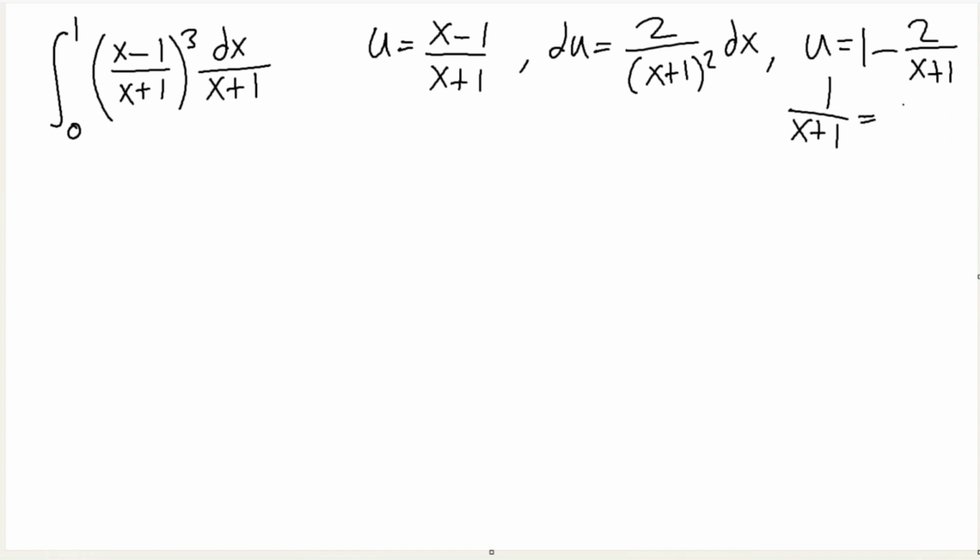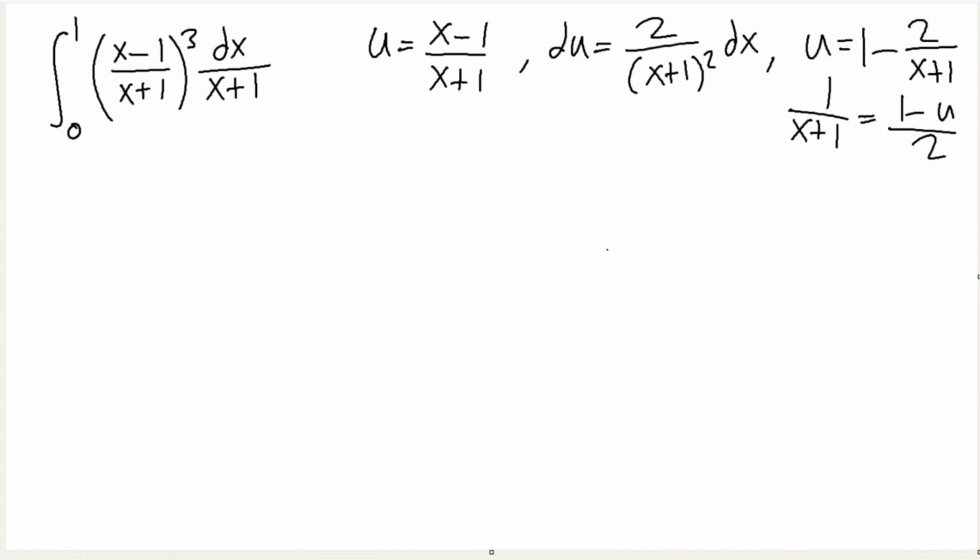So this 1 over x plus 1 is 1 minus u over 2. And sometimes we can solve for x, and the x itself is 1 plus u over 1 minus u, which can also be the advanced technique for this British substitution. But we're not going to use that, obviously.